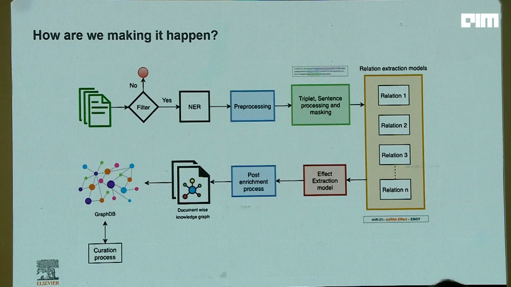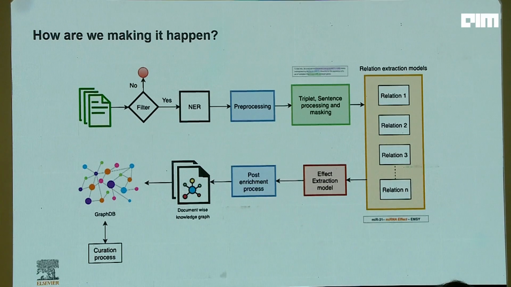Once we have this information that if two entities are related or not, we feed it into our effect extraction model. Now, our effect extraction model classifies the effect into a positive effect, a negative effect, or there is no effect at all, for example, in cases of synonyms.